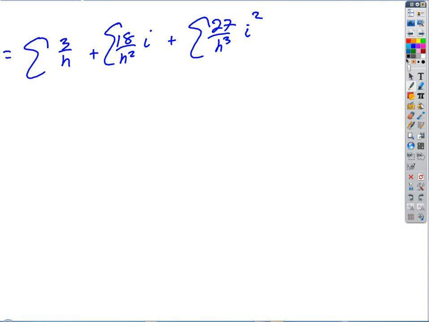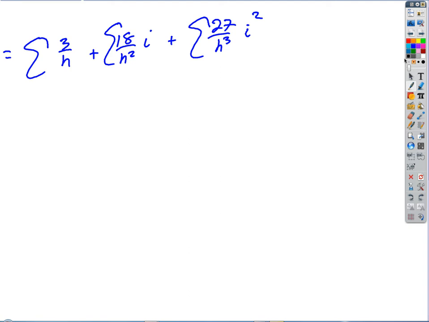Okay, and then remember, being as i is the variable of summation there, everything else is a constant. And what can we always do with a constant in a sum? Pull it out front, because that's just going to be multiplied by each value of i. It's a common factor that we could factor out of each term in the sum.